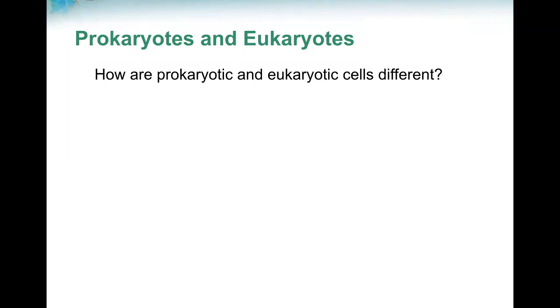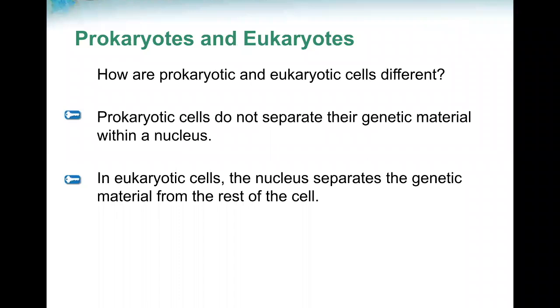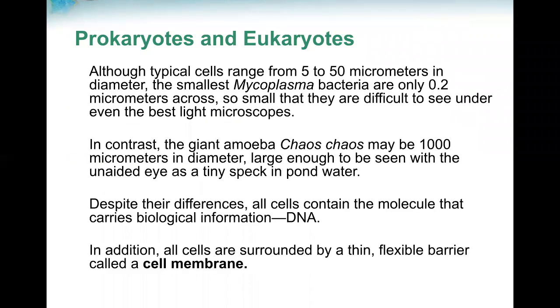How are prokaryote and eukaryote cells different? Prokaryote cells do not separate their genetic material within a nucleus. In eukaryote cells, the nucleus separates the genetic material from the rest of the cell.